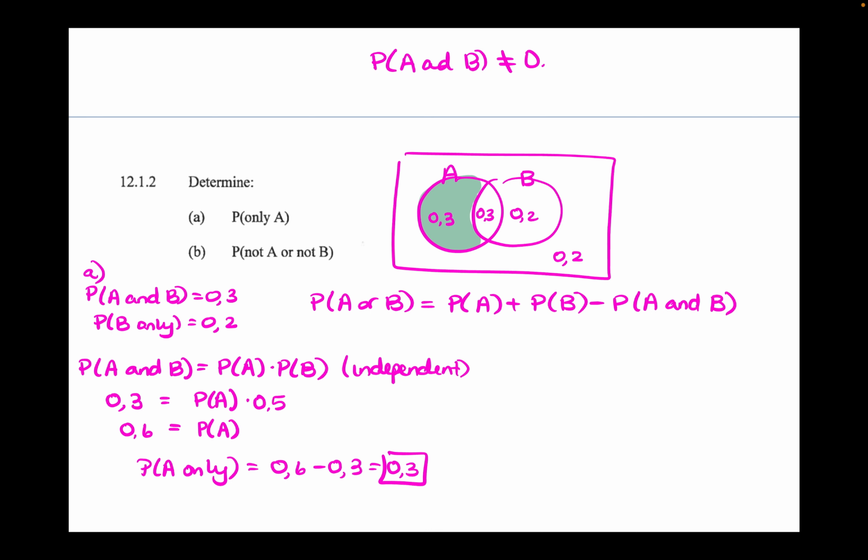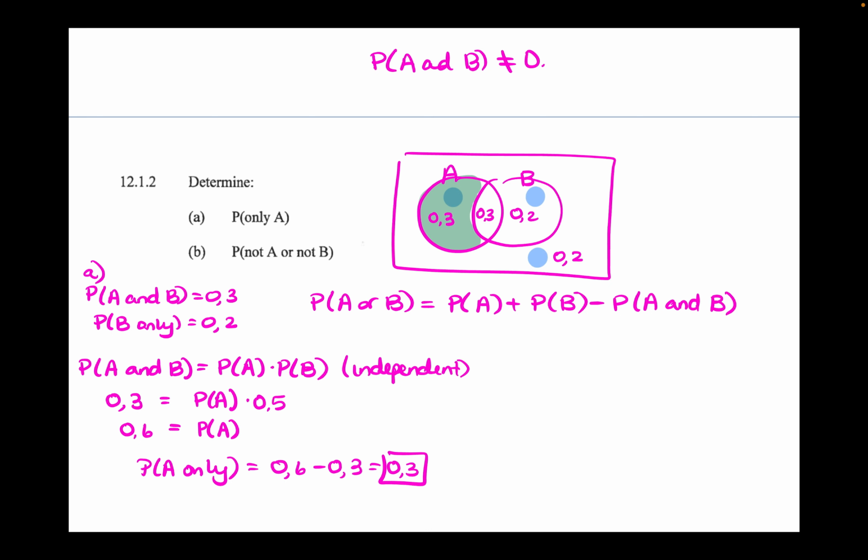So I'm just going to look at my different sections here and ask myself, is this not in A or not in B? Out here, yeah, that's clearly not in A. It's not in B either, so that counts. That's going to be part of our answer. And now I'm going to look in here. That part is not in A, so that's going to be a part of our answer. That part is not in B, so that's going to be a part of our answer.